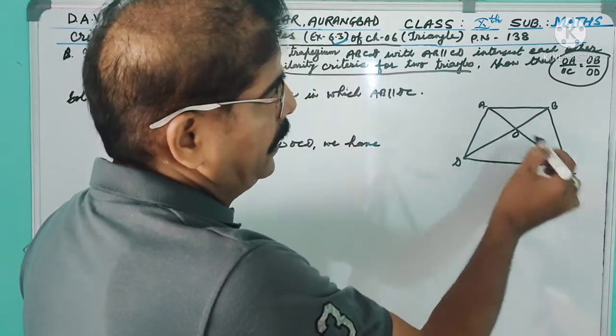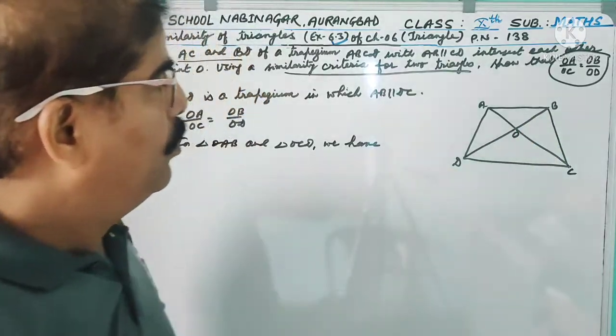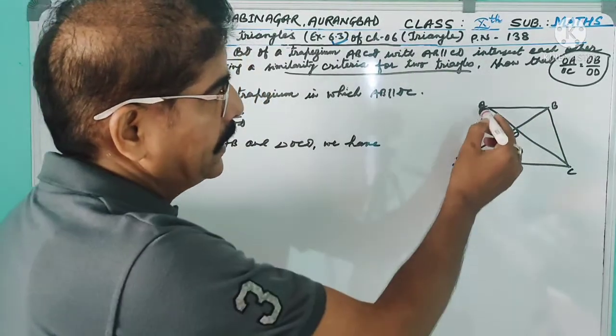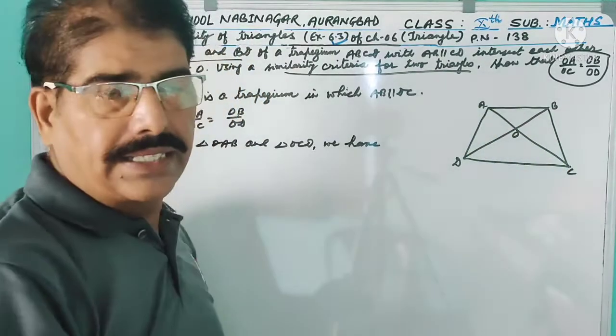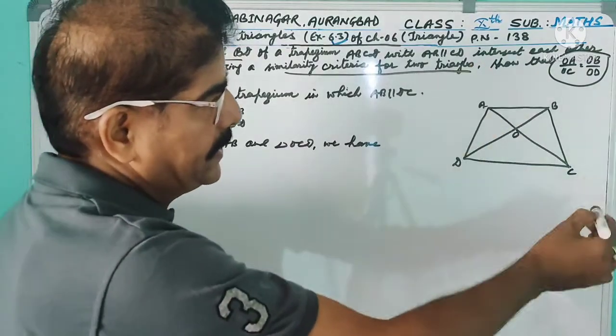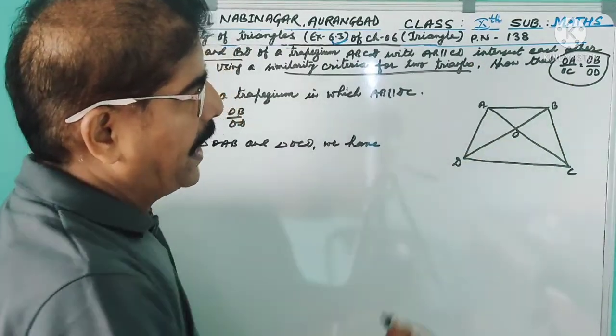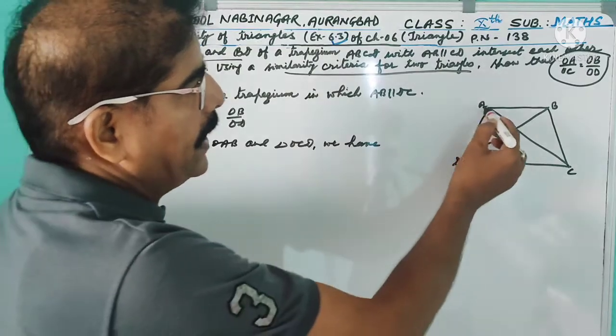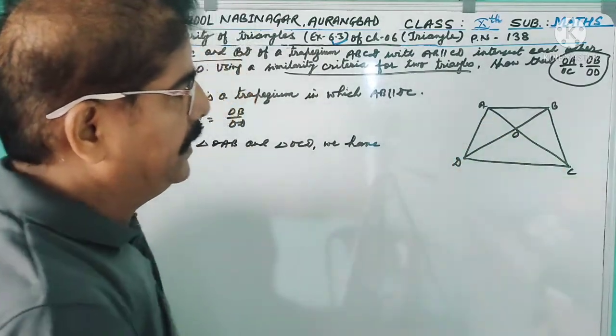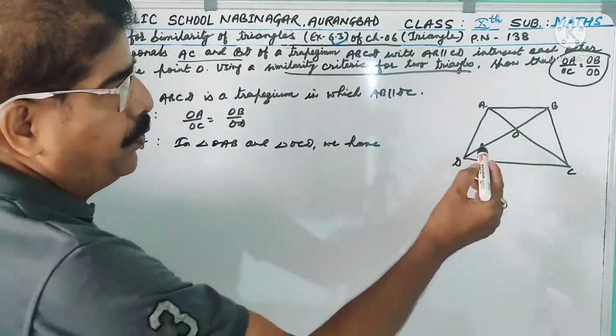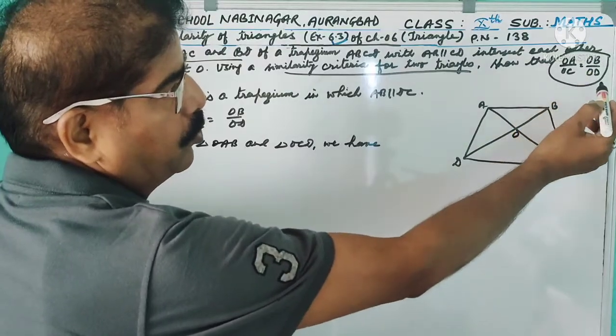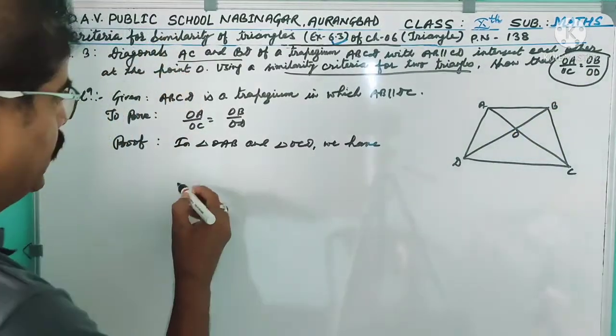Given that ABCD is a trapezium, diagonals AC and BD intersect at O such that AB parallel to DC. To prove OA by OC equal to OB by OD.